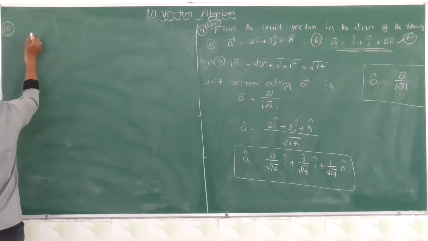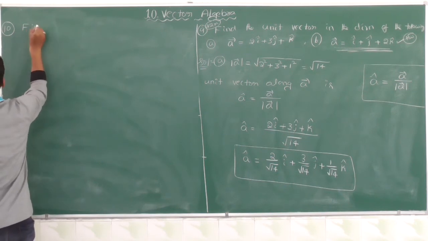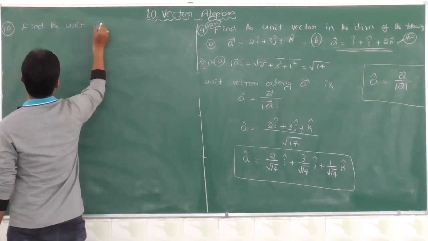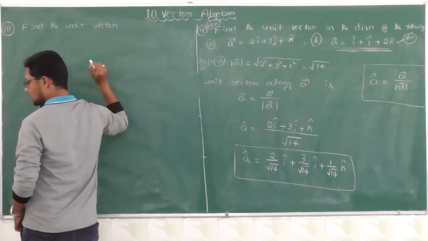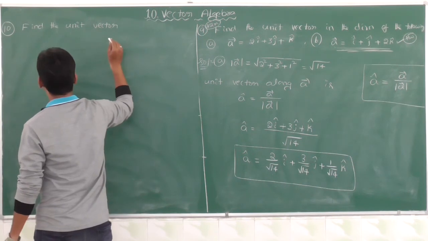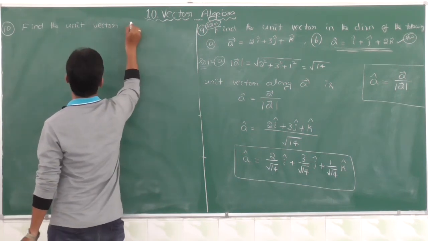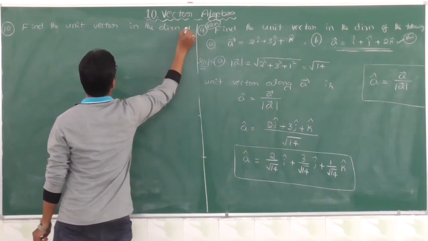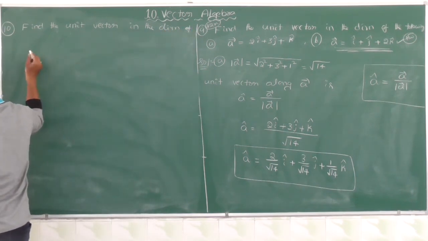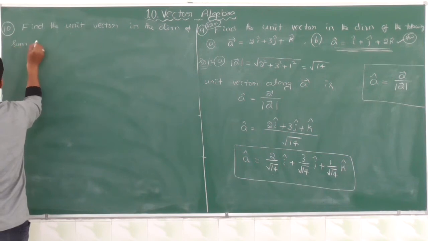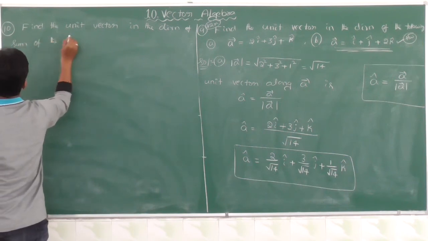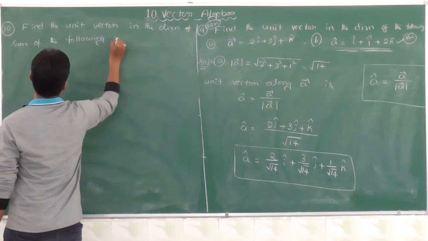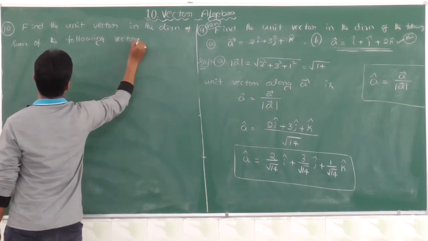Find the unit vector in the direction of sum of the following vectors.